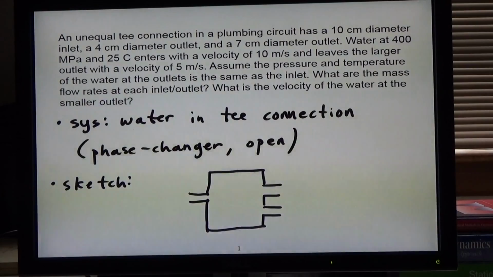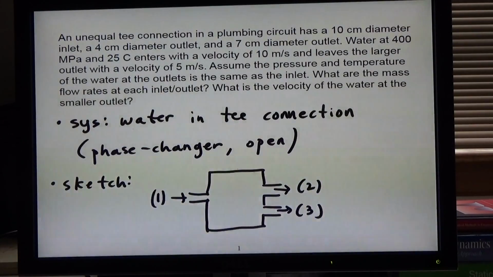So this is our T connection here, and we have one inlet. We're going to give these arbitrary names. We're going to call this one inlet number 1, and then we'll call these exit number 2 and exit number 3.